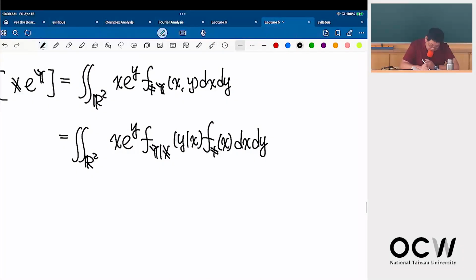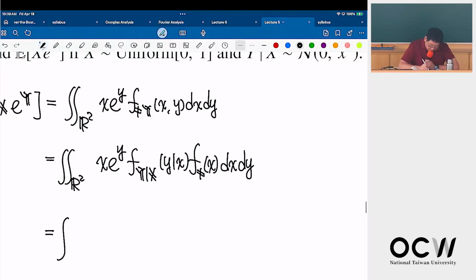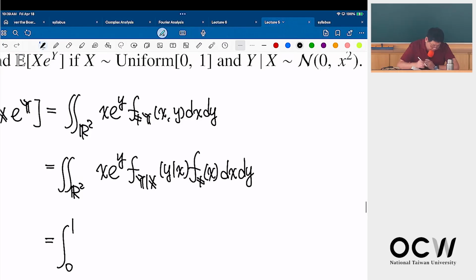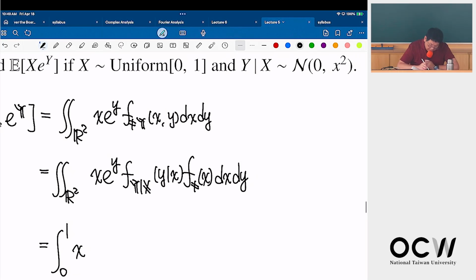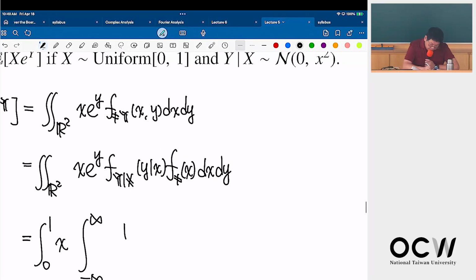So here we have x from 0 to 1, uniform. And y given x is a Gaussian, so minus infinity to infinity, zero mean and variance x squared. Oh, I also have e to the y.